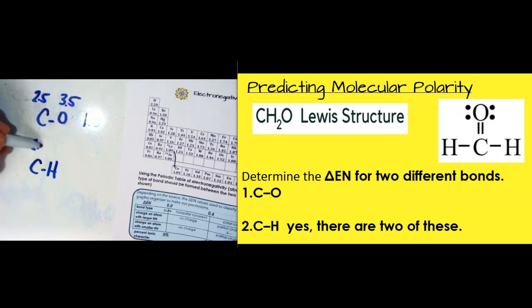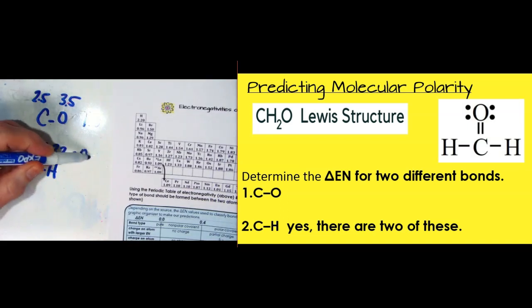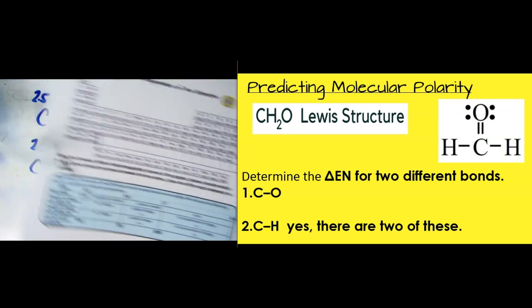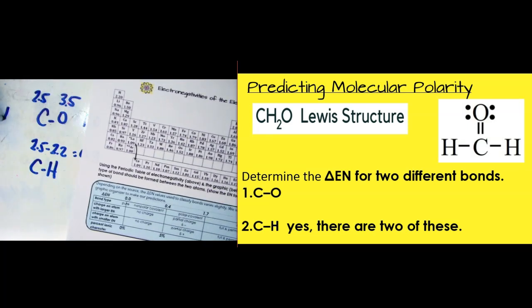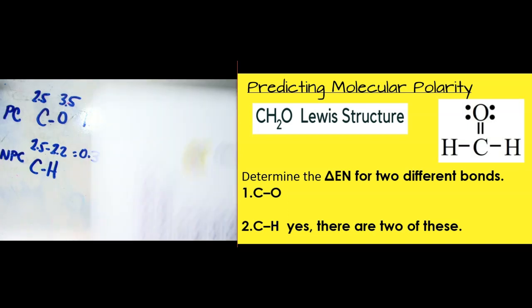Carbon is still 2.5 here. Hydrogen is 2.2, which is right there. So we have a 0.3. So what that does, when we look down here, a 1 falls between the 0.4 and the 1.7. So this would be a polar covalent, I'm just going to write PC, whereas carbon and hydrogen is a non-polar covalent bond.